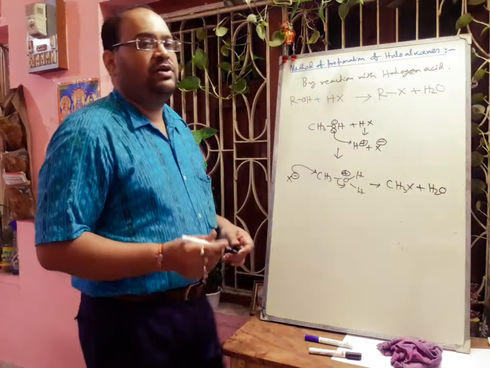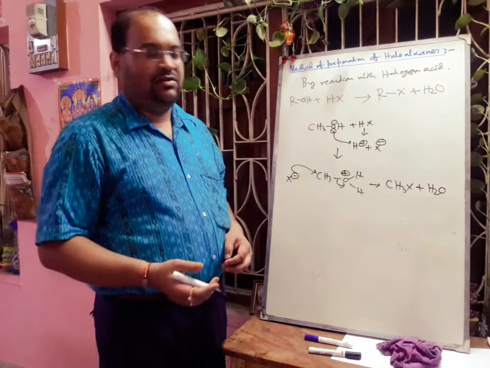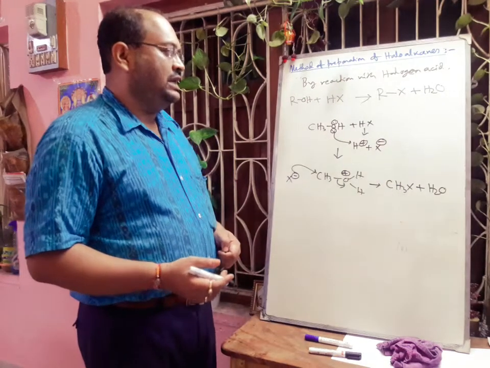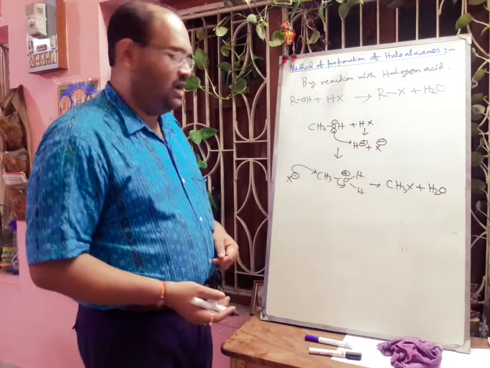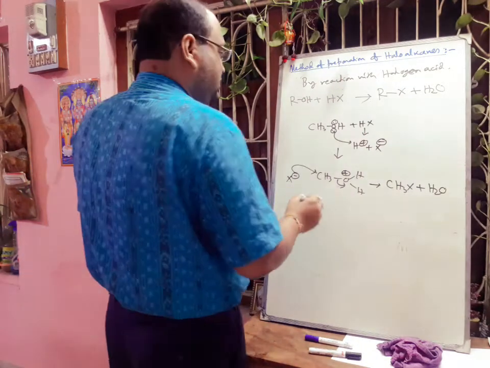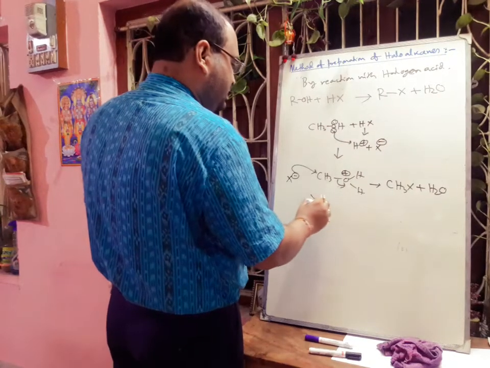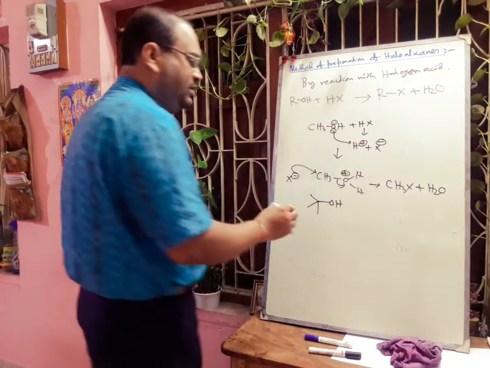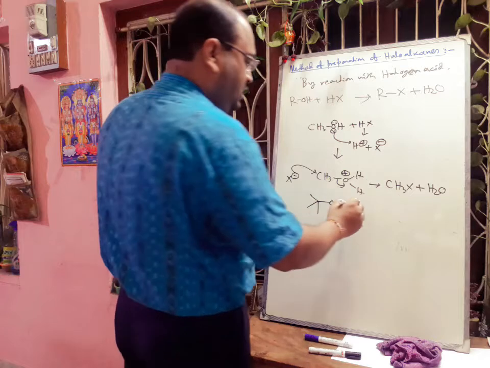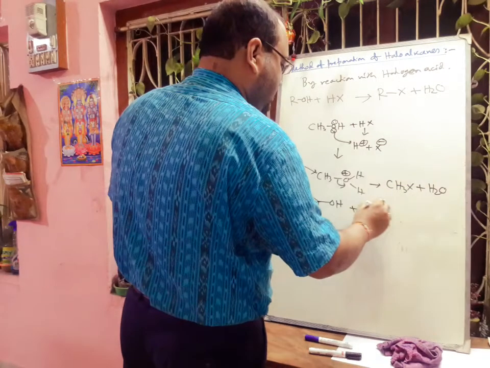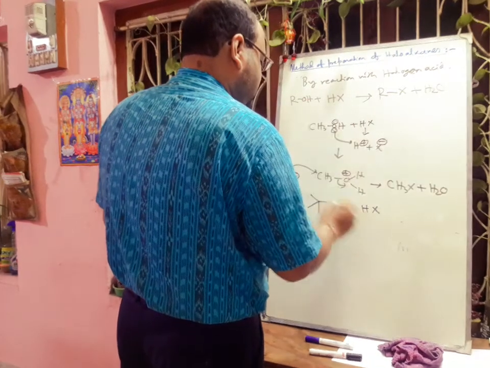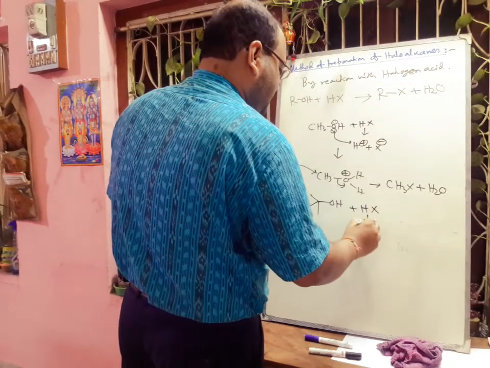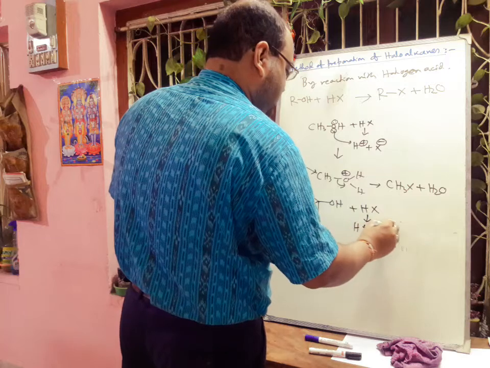But in case of 2 degree or 3 degree alcohol, the type of the reaction will be SN1, because here we have to think about the stability of the carbocation. Whenever we take a 3 degree alcohol and give HX, this HX will dissociate to H plus and X minus.